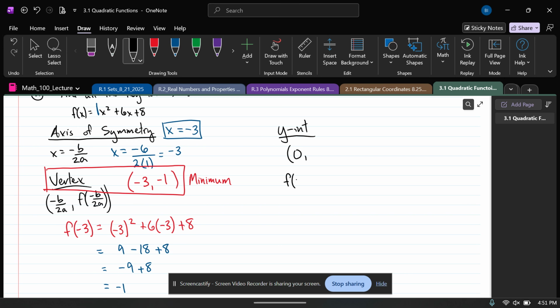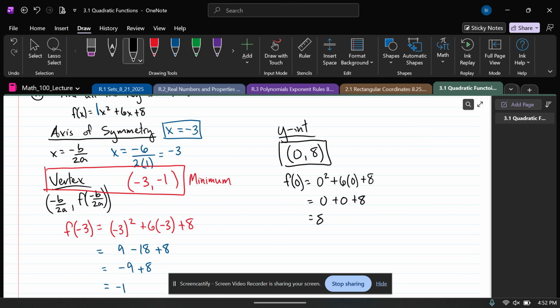So I'm finding f of 0. That's 0 squared plus 6 times 0 plus 8. This is me doing it manually. 0 squared is 0, plus 6 times 0 is 0. So that's 0 plus 0 plus 8, which is 8. So the y-intercept is at (0, 8).